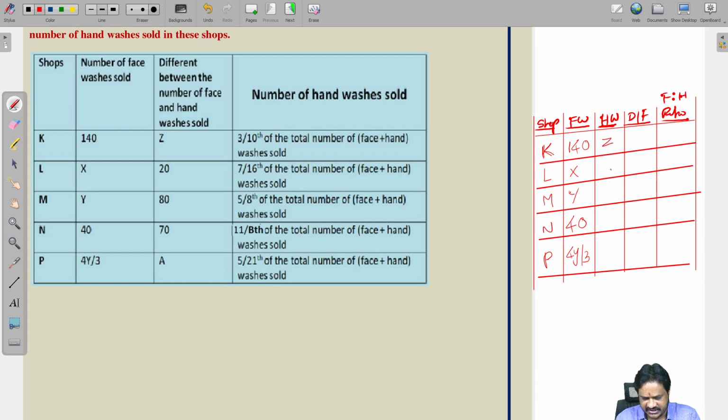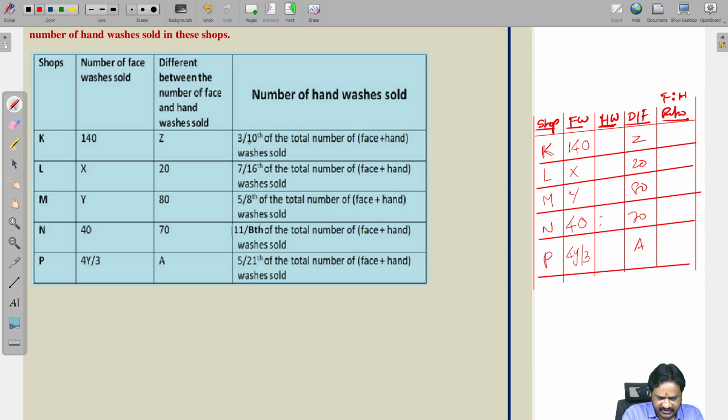This is the face wash, not the hand wash. The difference is given as Z, 20, 80, 70 and A.